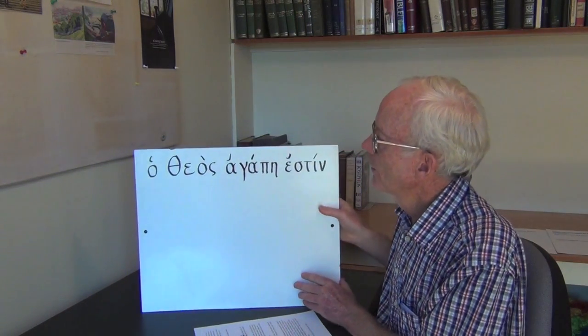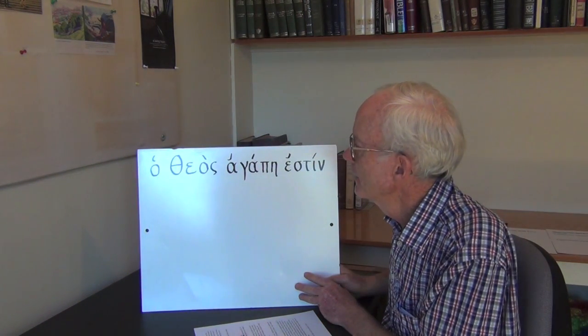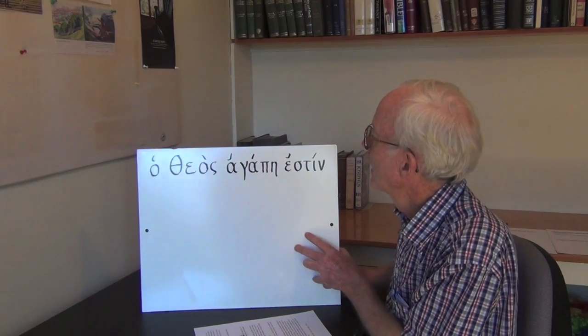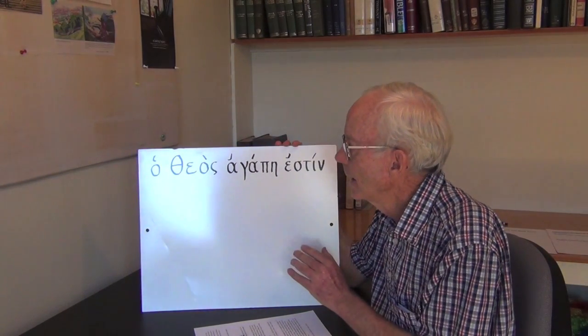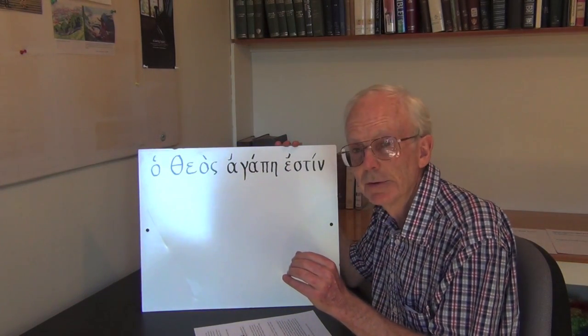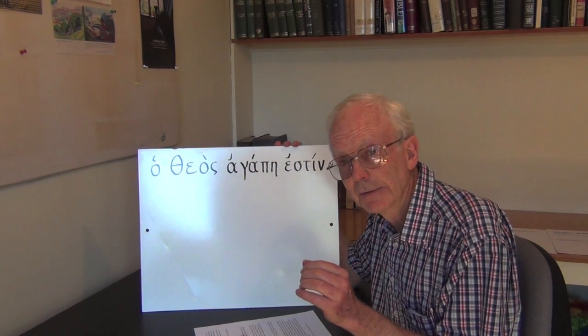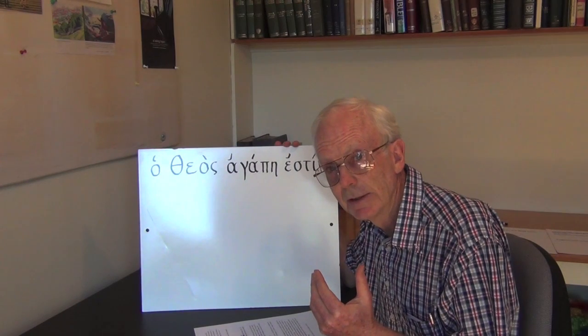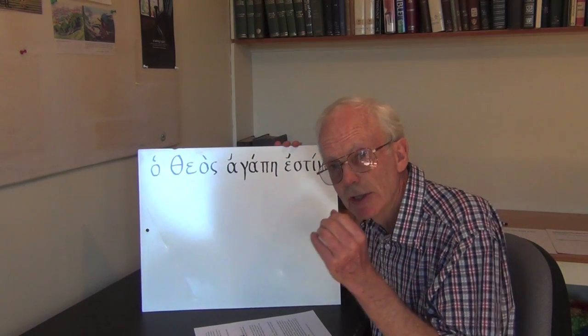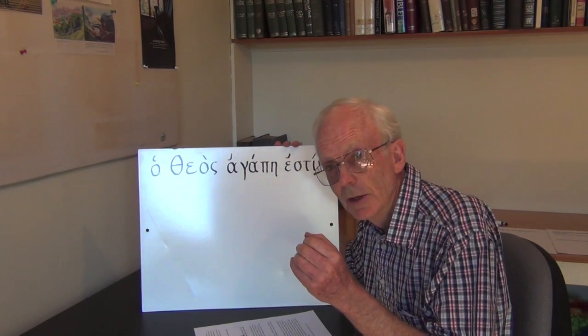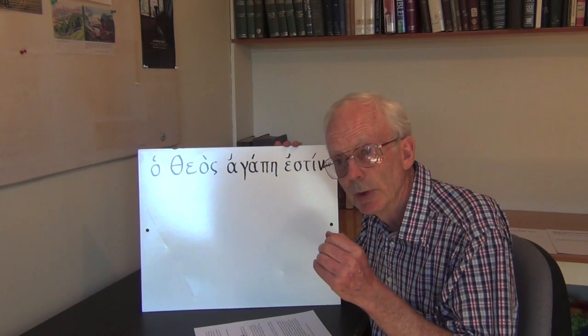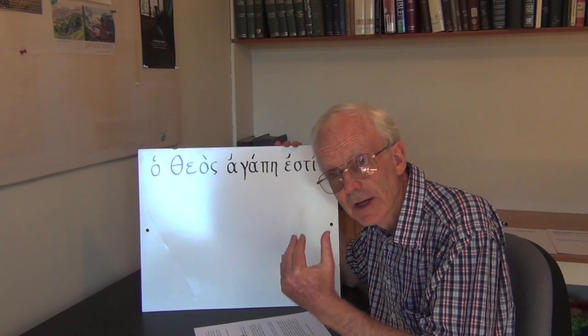So here are the Greek words that we learnt in lesson 1. And my advice to you is to learn these words. Just learn it as Greek and say it to yourself many times so that you just say the Greek. You don't need to think of English at all.